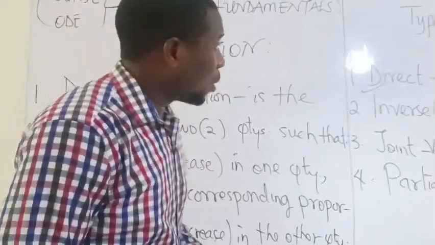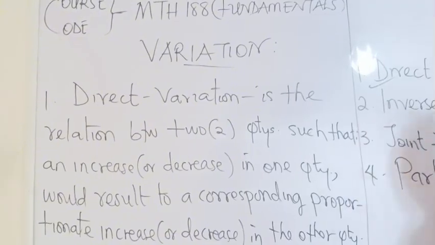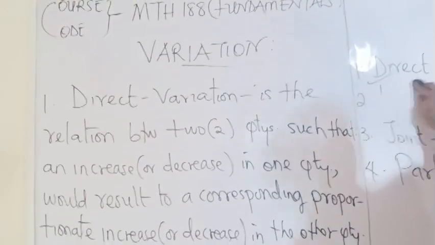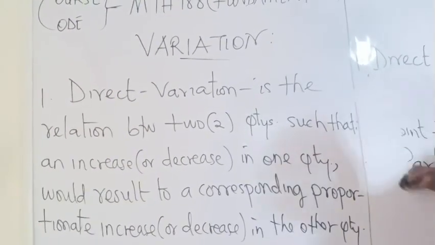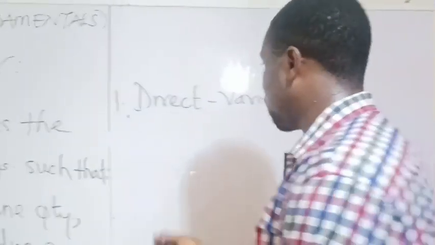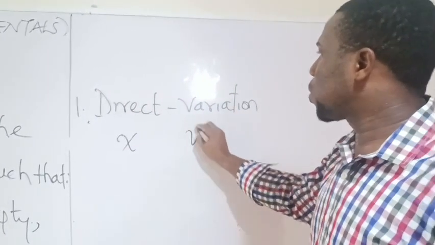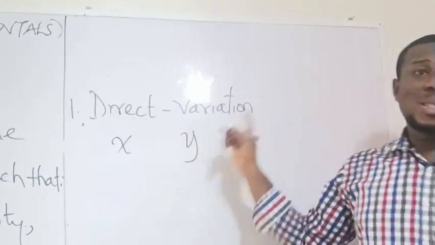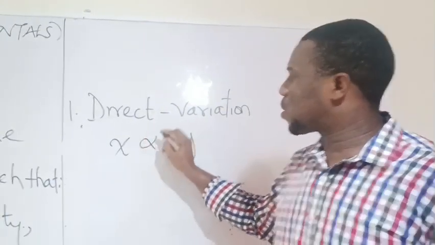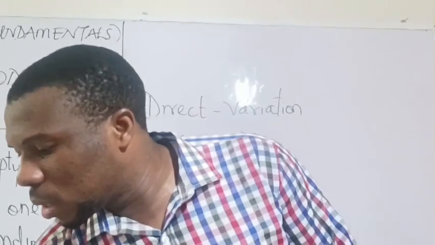So I give an example on this. Let's assume that the first quantity, let's call that x, and the second quantity, let's call that y. If the relation between them is direct, I will stick in this sign.